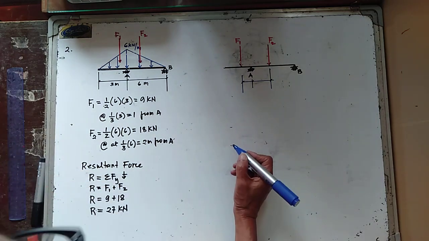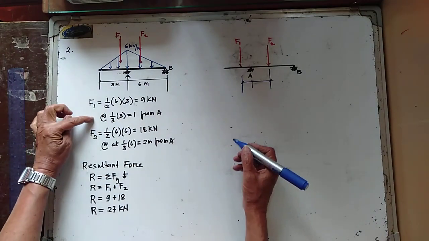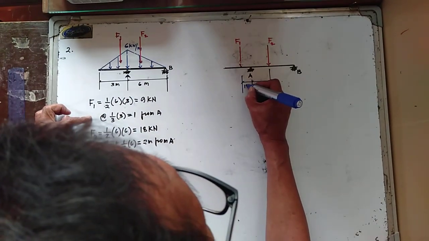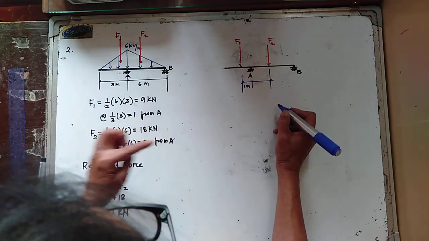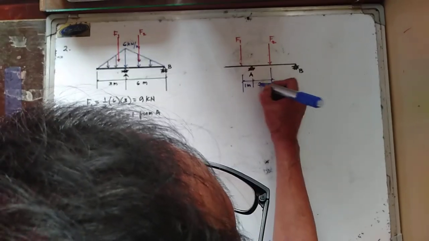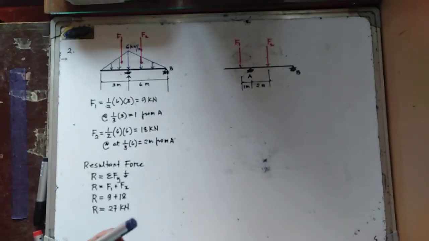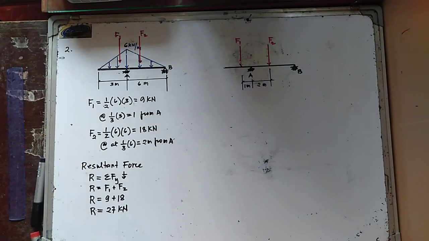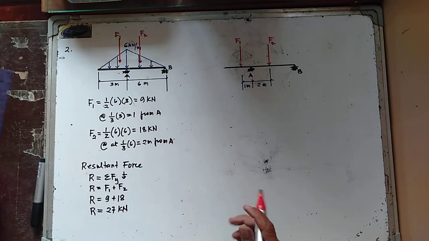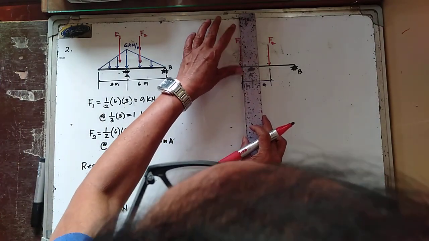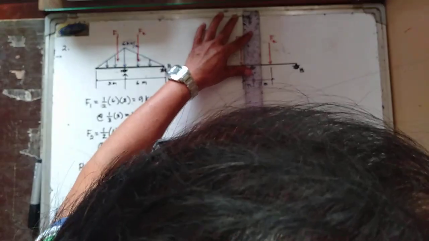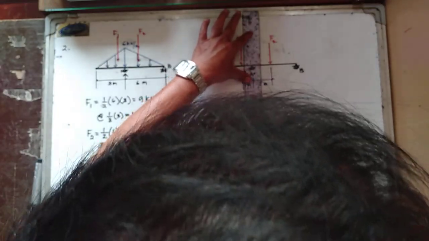Now, F1 is 1 meter from point A, and F2 is 2 meters from point A. Let us try to determine the location of the resultant force, which is equal to 27 kilonewtons.